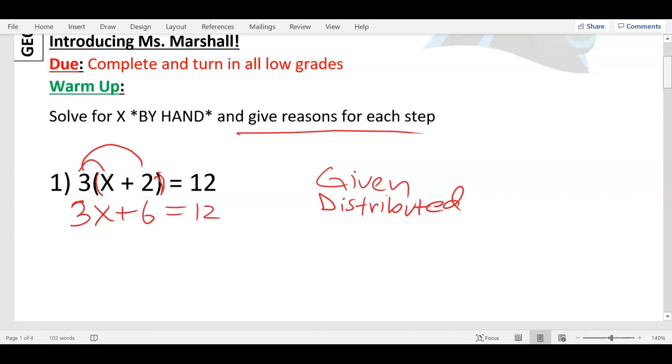What's the opposite of positive 6? And if I subtract on both sides, I'm going to write my step off to the side here. So 12 minus 6 is 6 because I subtracted on both sides.